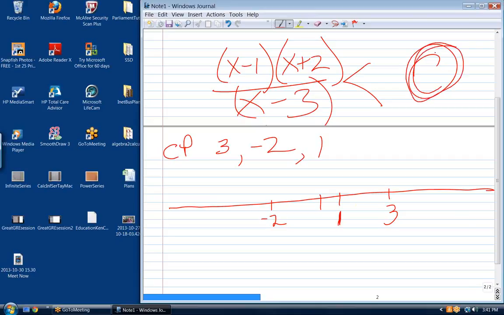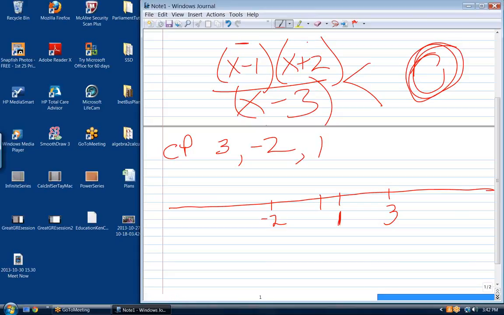Okay, so now I need to put in the 1 there. And now I need to solve 4 areas. I need to solve this area, this area, this area, and that area. Okay? So stick in a number to the left of -2, and let's see if this thing's positive or negative. -3. Okay? What's this term, positive or negative? We don't need to know the number. We just need to know the sign that it would be.